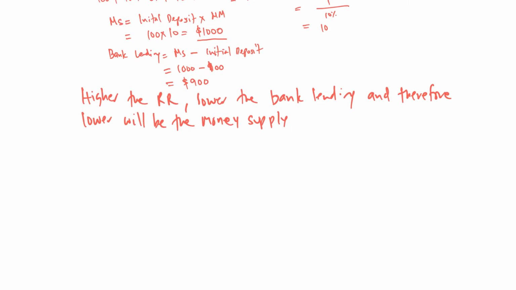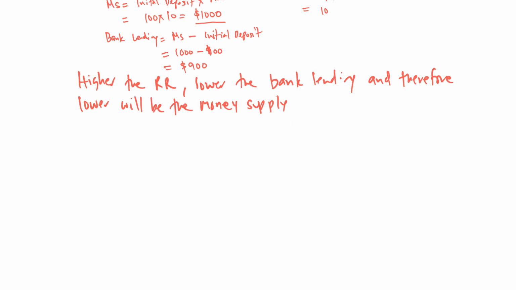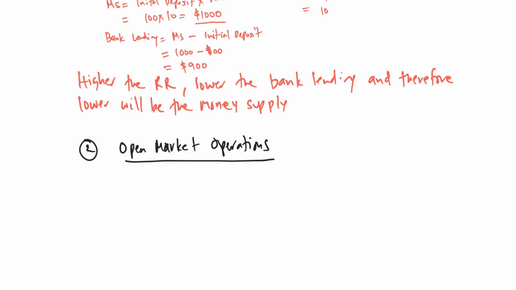The second thing which can change our money supply is what we call open market operations. Basically, open market operation is the buying and selling of government securities.